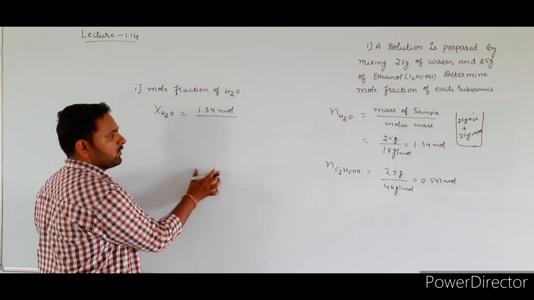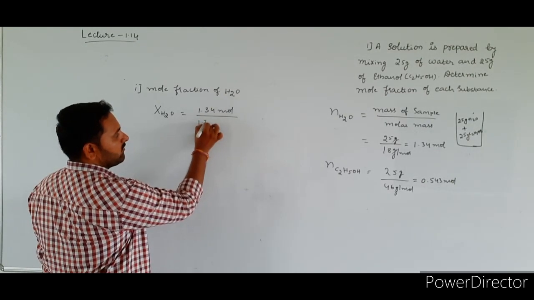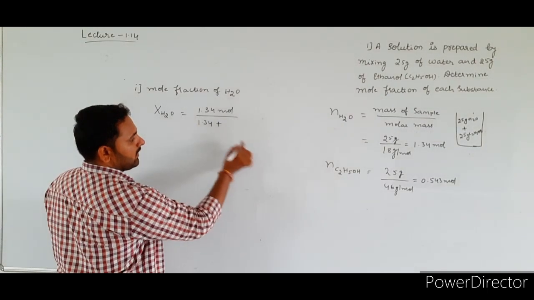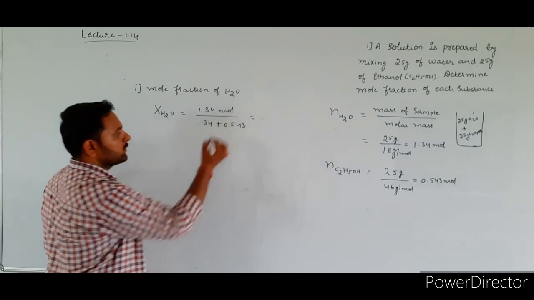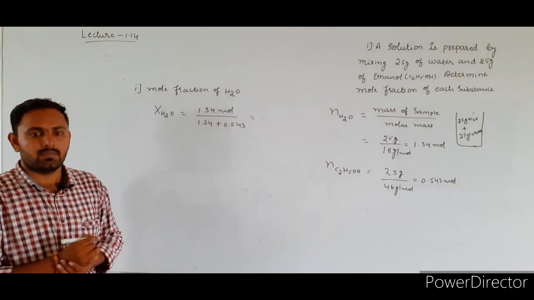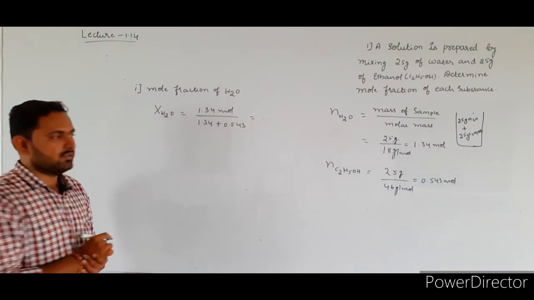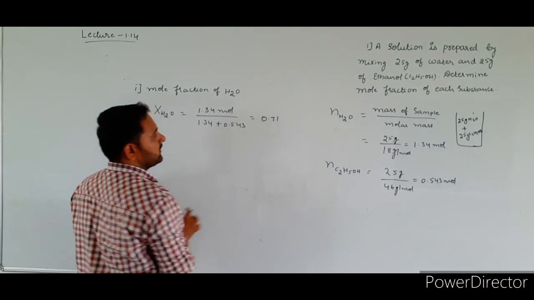The total number of moles is equal to the number of moles of water plus the number of moles of ethanol, 0.543. Now you calculate this one. After calculation, you will get 0.71.